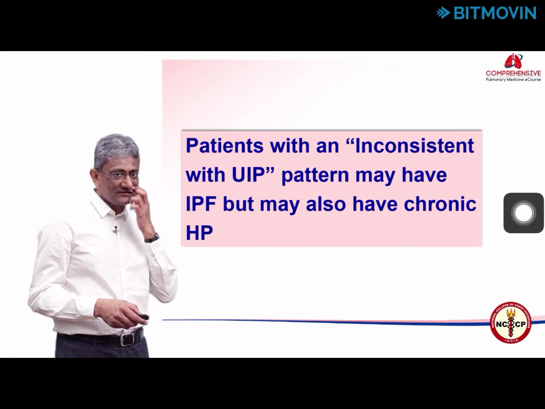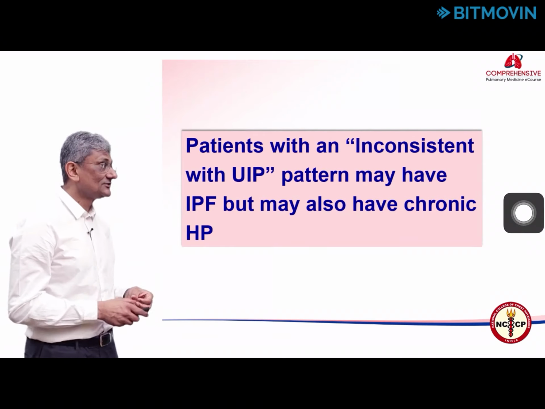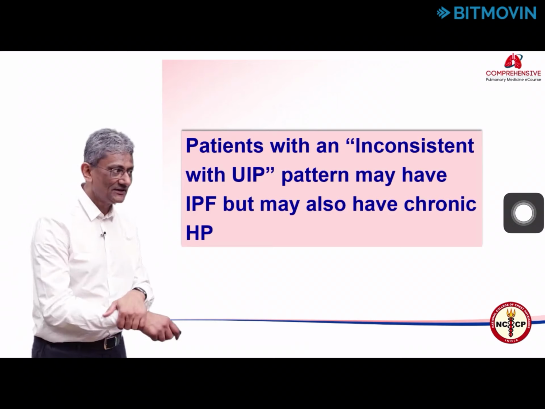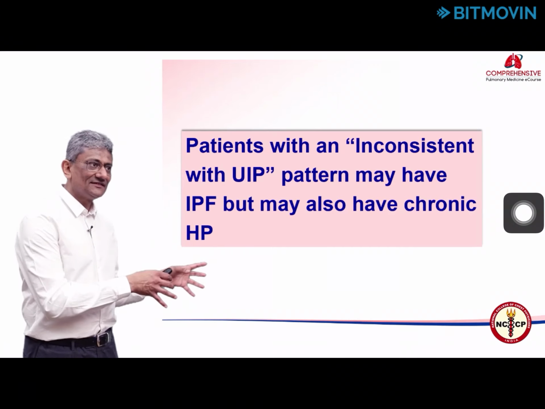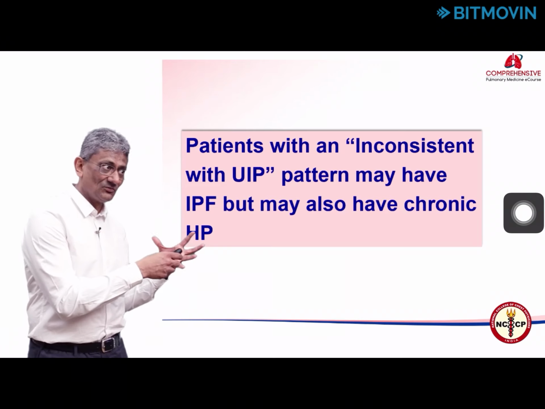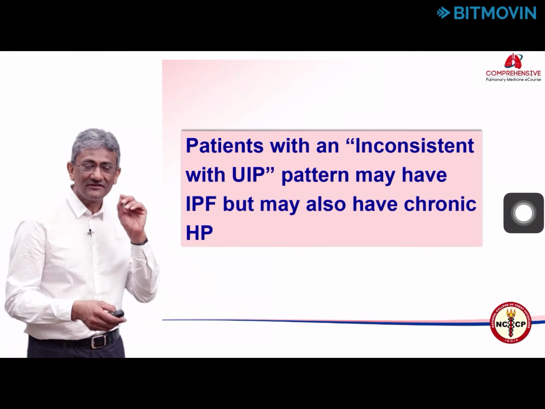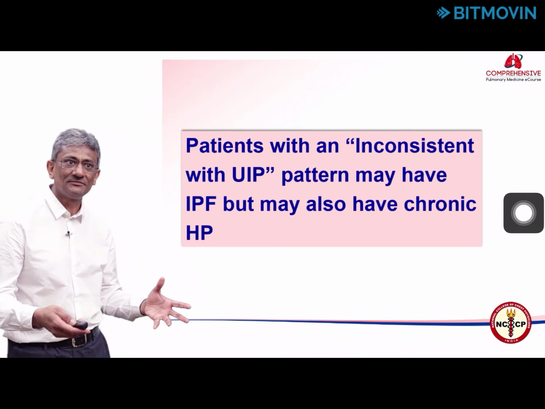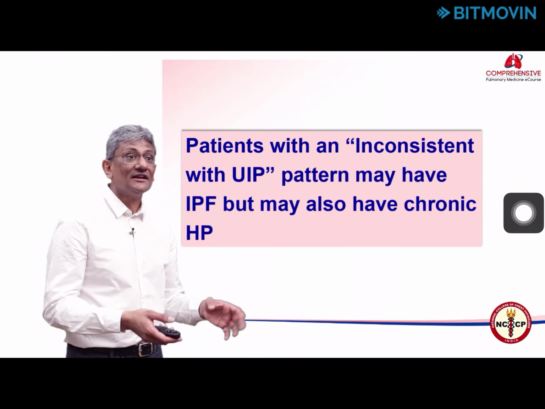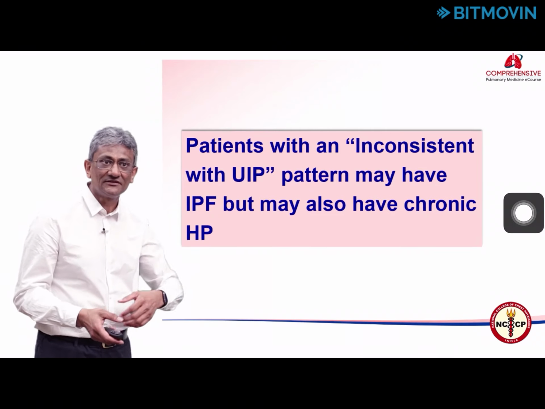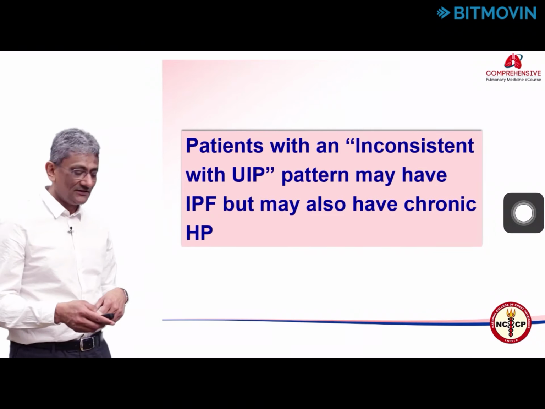So these patients who have an inconsistent with UIP pattern may have IPF or may have chronic HP, and while there is dilemma in data, when it comes to patients in real life, we really need to use our clinical judgment to be able to differentiate between them, and sometimes if we can't, these patients may also require either bronchoscopy and lavage or surgical lung biopsy.